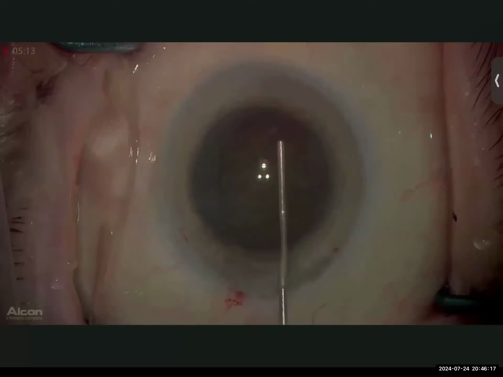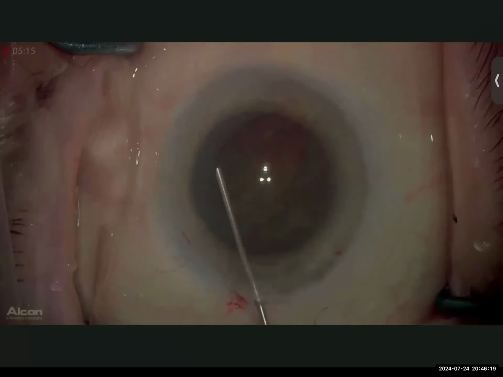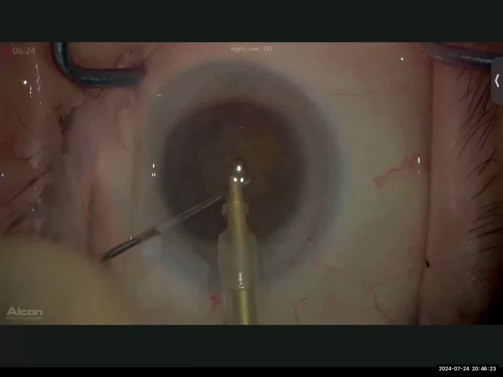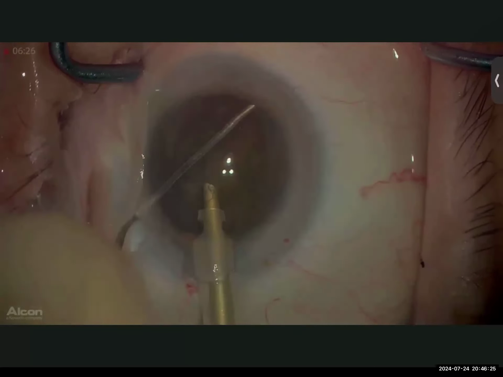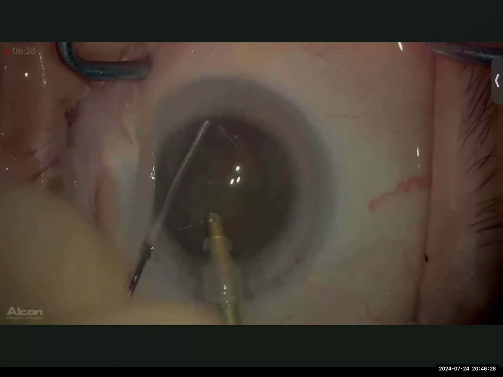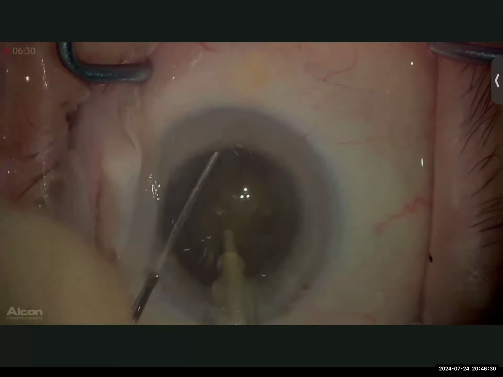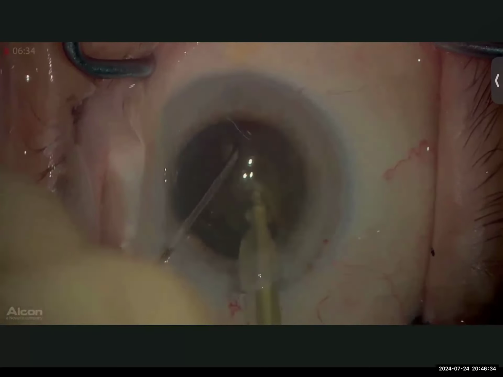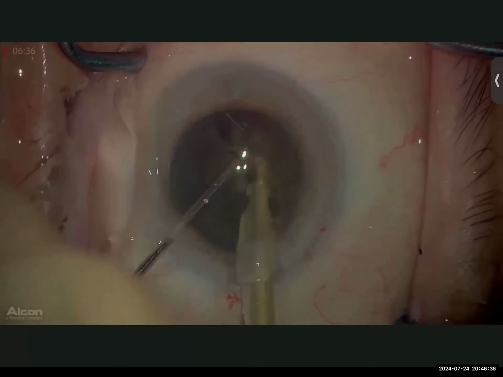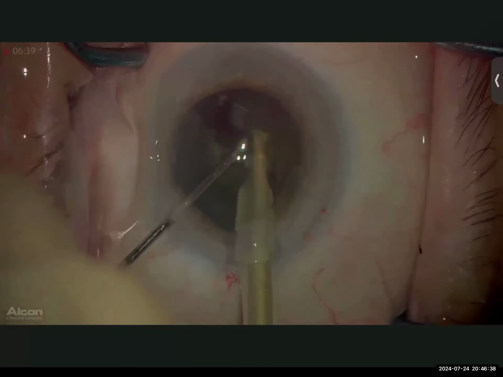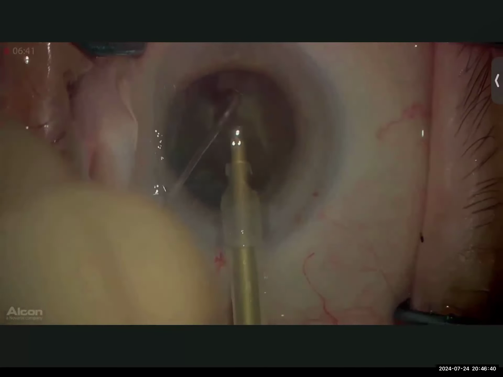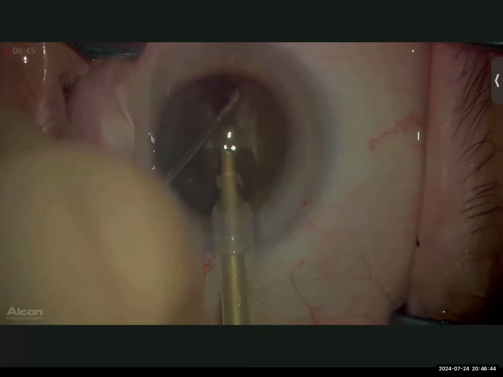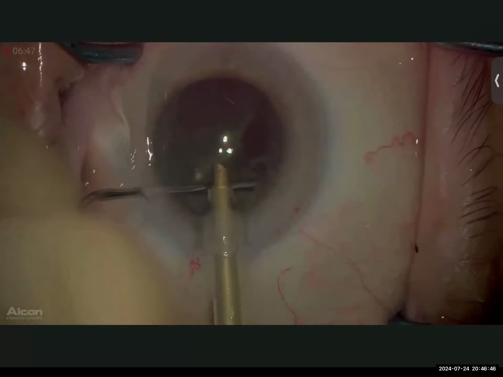Here, I'm now using viscoelastic, and this is a real nice trick to push aside the epinucleus and cortex. So it does two things. It elevates the anterior capsule so I can find my way around it, and also pushes the cortex aside. Now look at how deep I have to go. I pull the sleeve back so I can penetrate deeper. And I have to be a little more slow and deliberate, and a little bit more of a sideways separation movement.